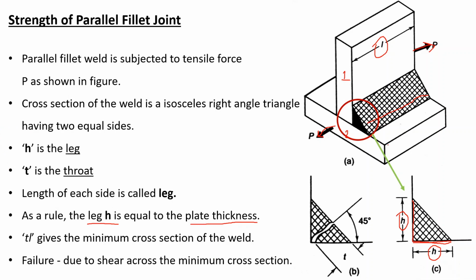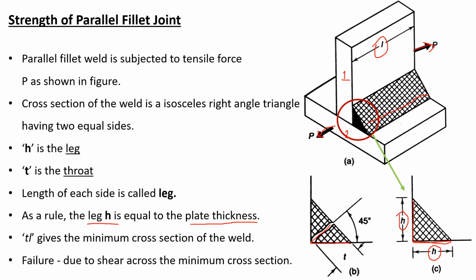Now any weld or any structure fails from the minimum cross sectional area. It is more prone to failure at the minimum cross section area. Figure B shows a plane passing at an angle of 45 degrees with the leg of the weld.